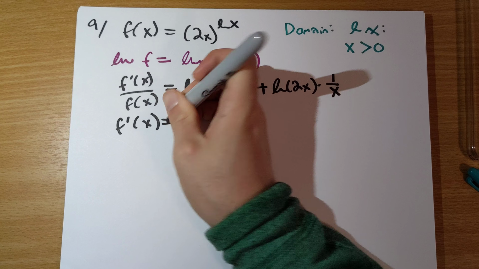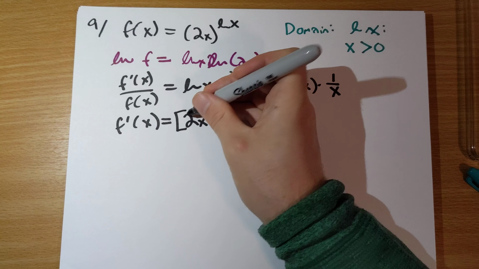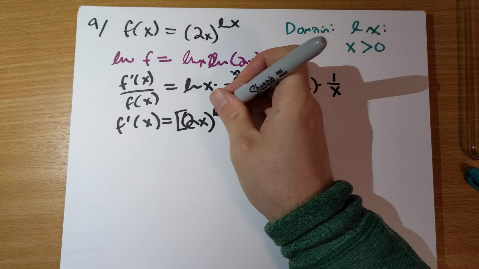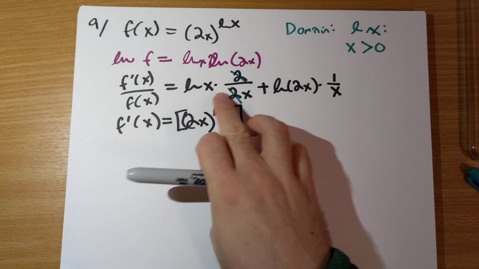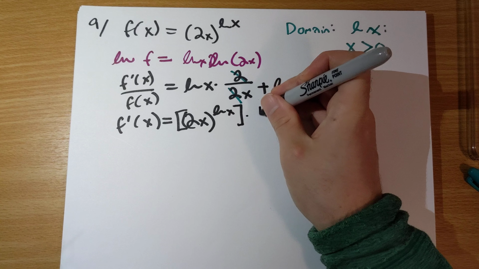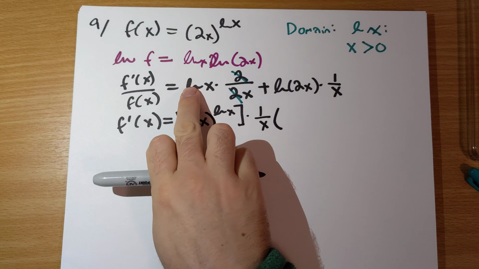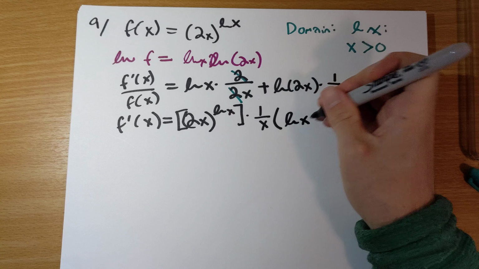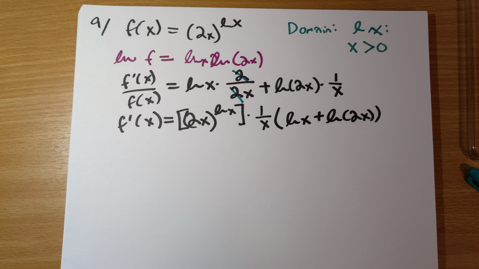So f prime of x is equal to f of x, which is, recall, 2 times x raised to the power of natural log of x, all of that times this expression right here, which is 1 over x times natural log of x plus natural log of 2x. Okay, so we want to determine when this is equal to 0 or when this is undefined.